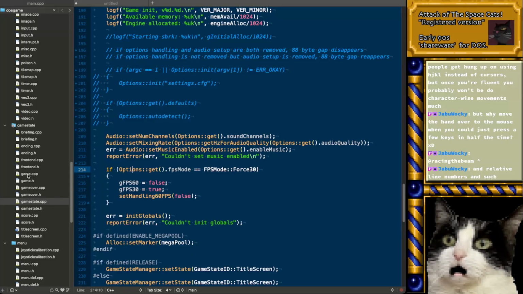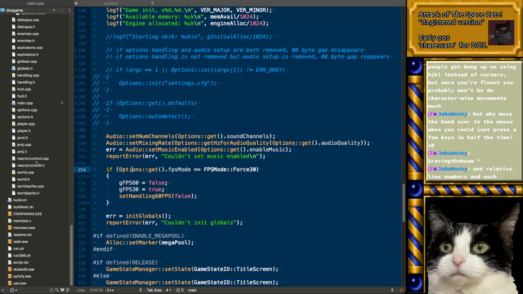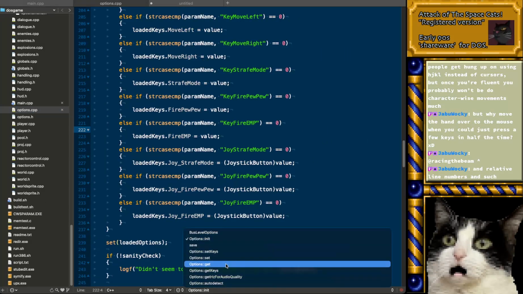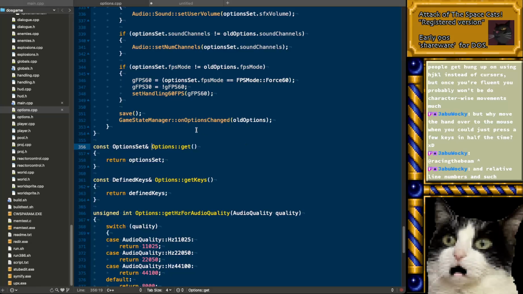I haven't done anything silly like options tries to open the file again if it's not open already or something like that. No, just returns a struct, so that's not doing anything.